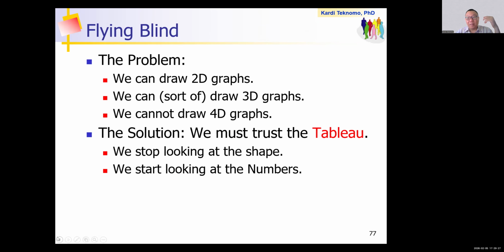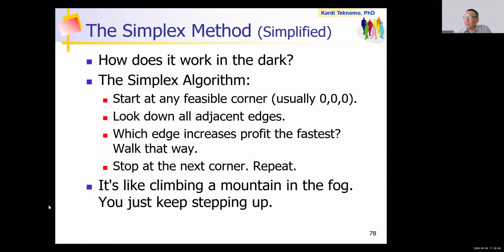That's why we need to practice reading the tables. As soon as we have all the variables in the table, we understand the meaning of the table. That table comes from what is called the simplex method. Remember, originally it was built during World War II.